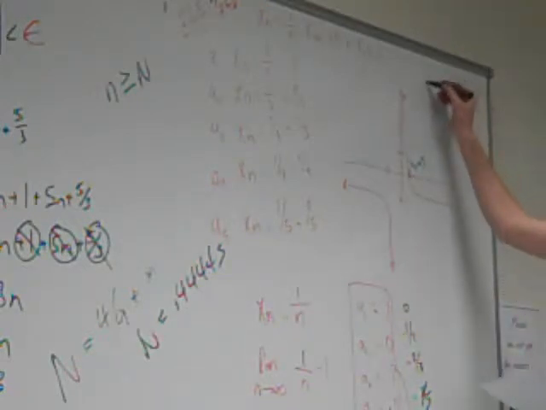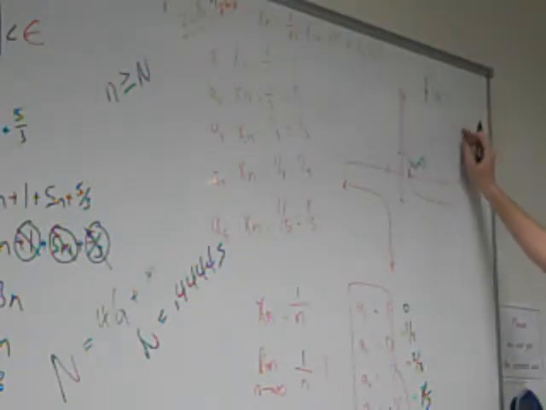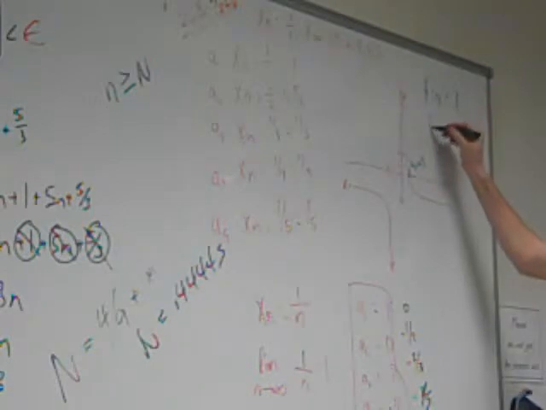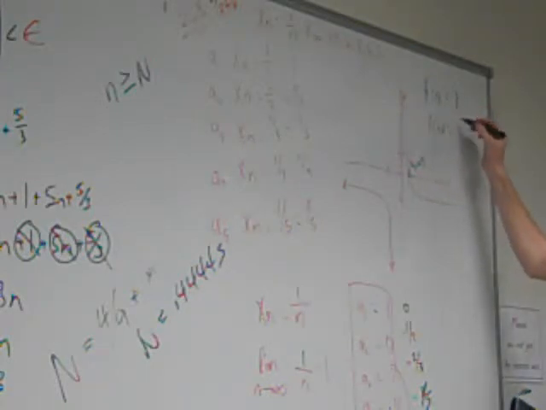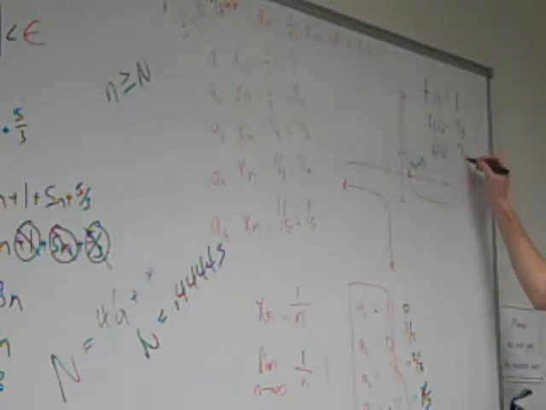So, but the question asks for a function that agrees with the sequence at every natural number, right? Yes, sir. So write this up there. f of 1 should equal 1. f of 2 should equal 1/2, and f of 3 should equal 1/3, dot dot dot.